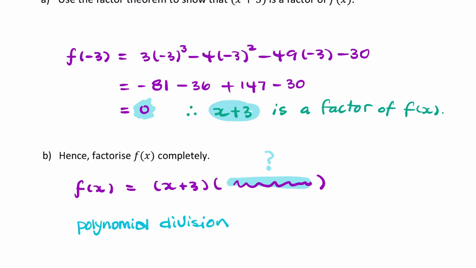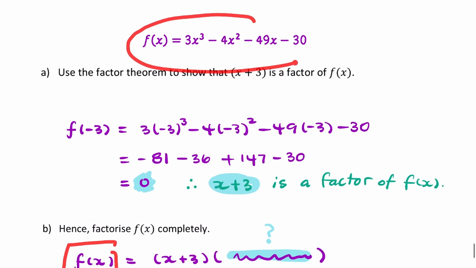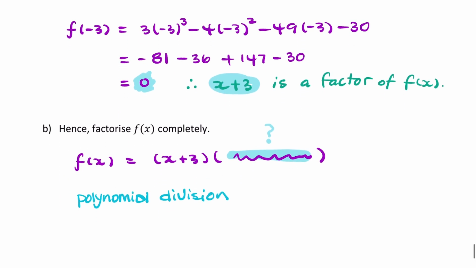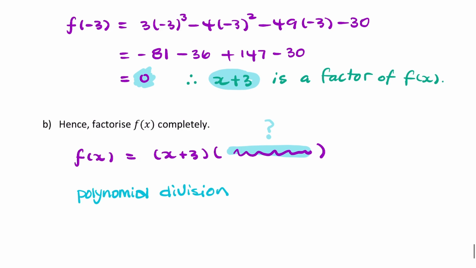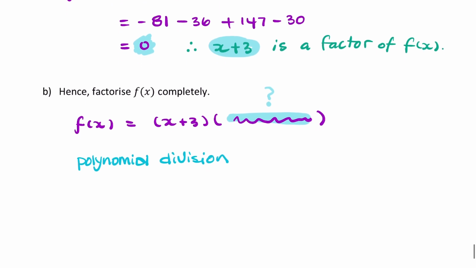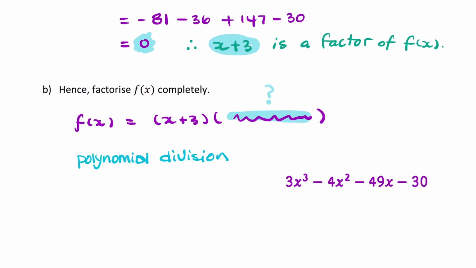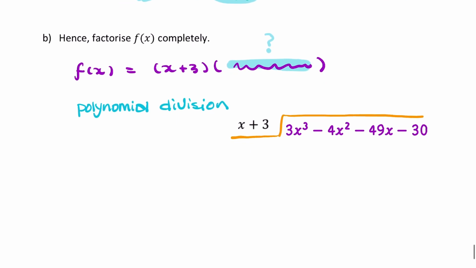So what do we need to divide? We need to divide f of x, which is this function here, by x plus 3. That's the next step. You write f of x in your little bus stop, and then you carry out polynomial division. To do that, you take the term with the highest power of x and divide it by the term with the highest power of x.